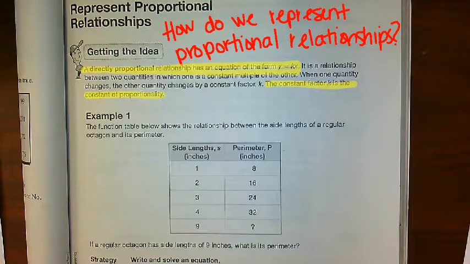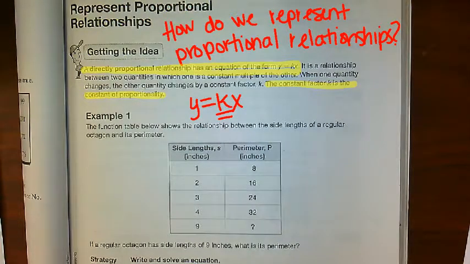Remember, that is similar to the unit rate. I talked about this in the last lesson, but today we're going to be working more with tables and graphs, and again, we are going to be focusing on the form of the equation y equals k times x, and k is that constant of proportionality.